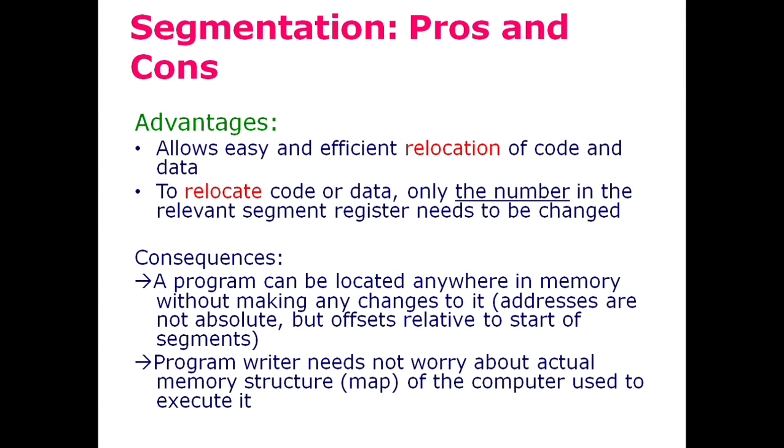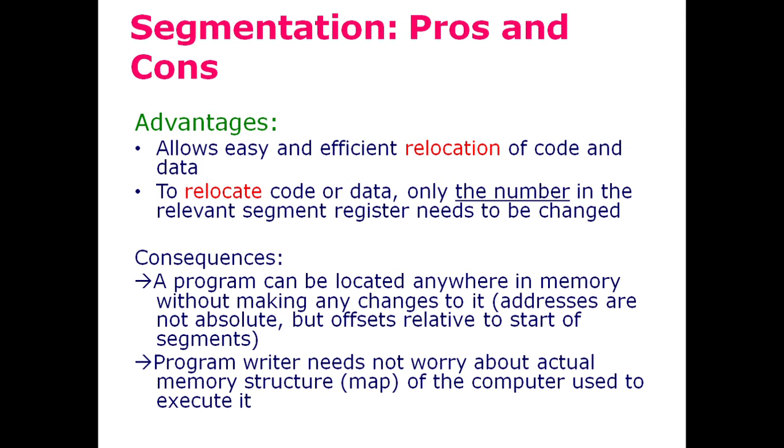These advantages have some consequences. A program can be located anywhere in the memory without making any changes to it. When a programmer writes a program, the programmer does not need to worry about the actual memory structure or the map of the memory in the computer. The programmer just writes the programs, and during execution it is not a problem where the program is being loaded.